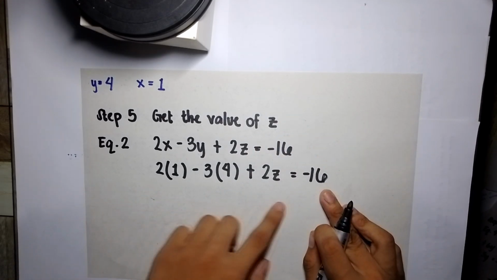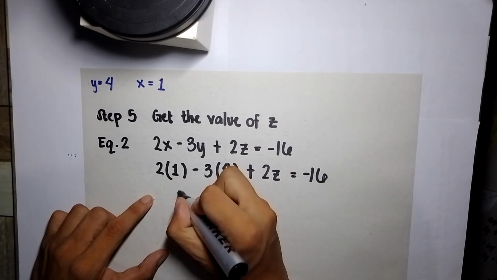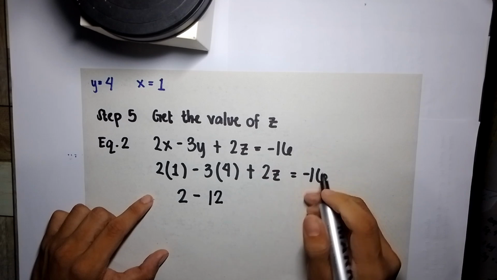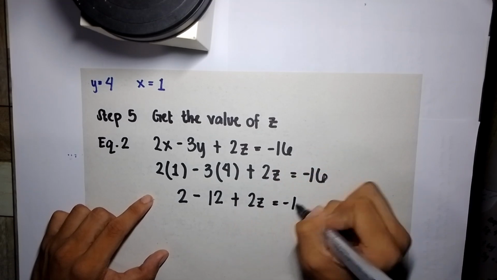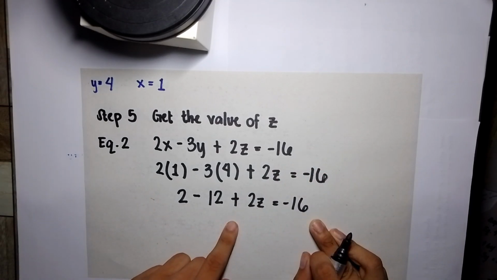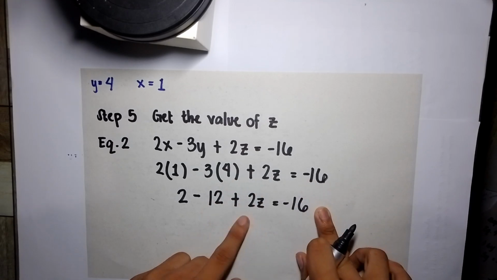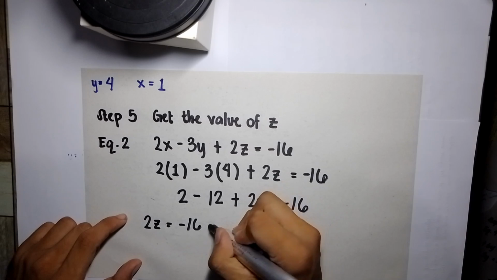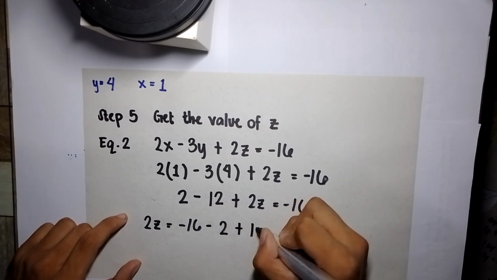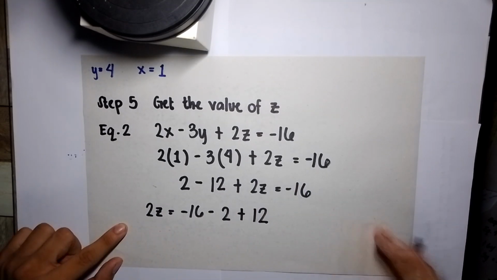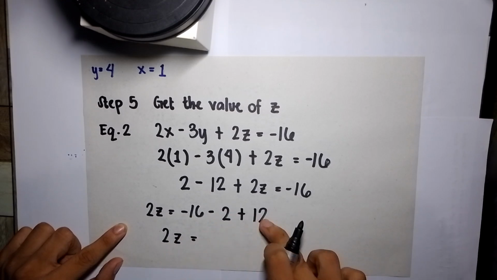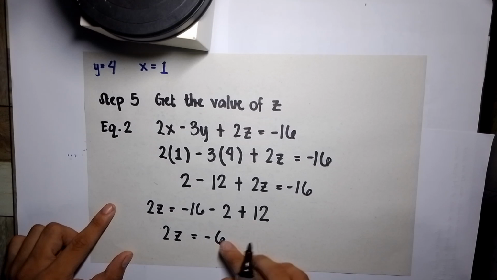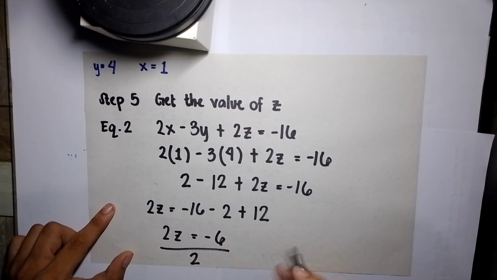After substituting, we're going to multiply 2 times 1 and negative 3 times 4. Next, we're going to isolate 2z by transposing 2 and negative 12. Always remember that in the process of transposing, you need to change its sign. Therefore, when we transpose 2, the sign will change and turn into negative 2. Make the coefficient of z equal to 1 by dividing by 2.